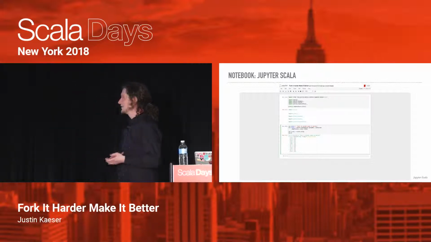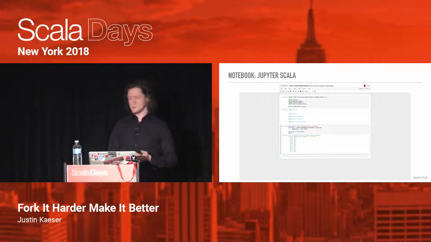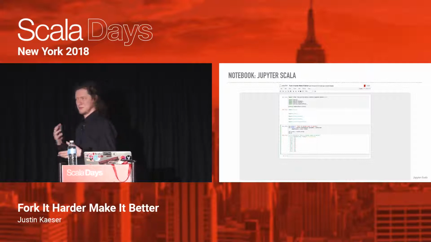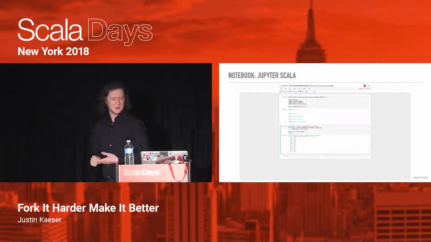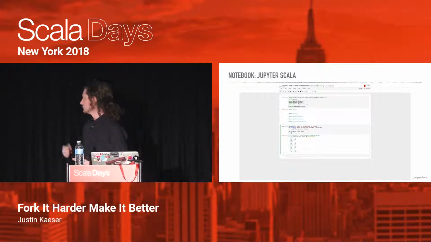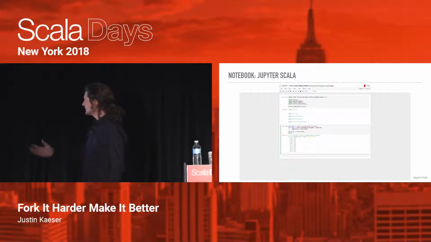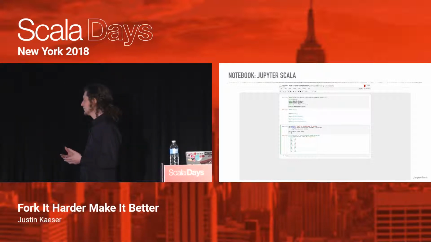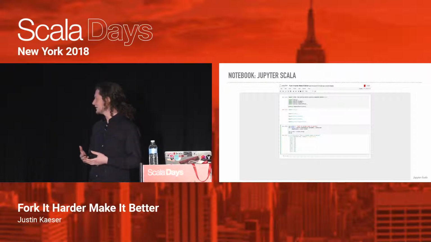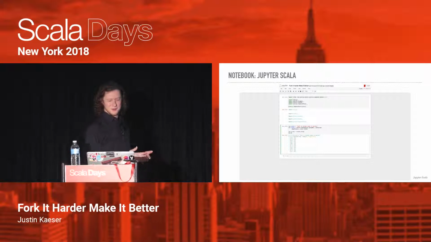Here I'm showing the Jupyter Scala notebook, which is actually based on a Python notebook. And I'm just using it to experiment a bit, create a histogram. A common feature of notebooks is that they have some graphical output that allows you to get quick graphical feedback. That makes it more popular with data scientists.